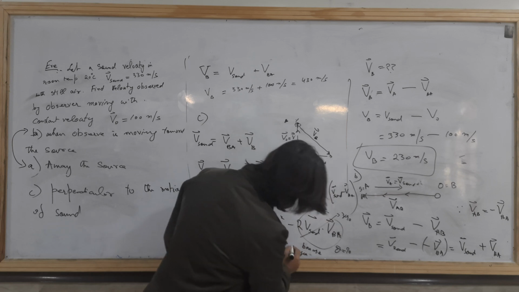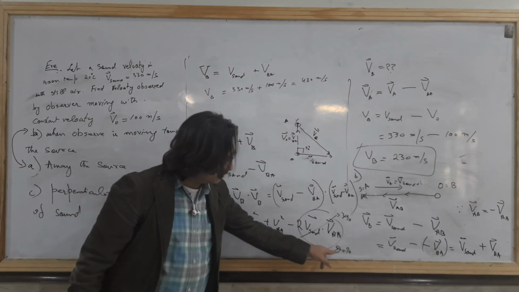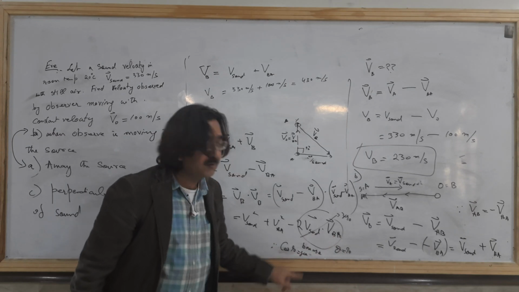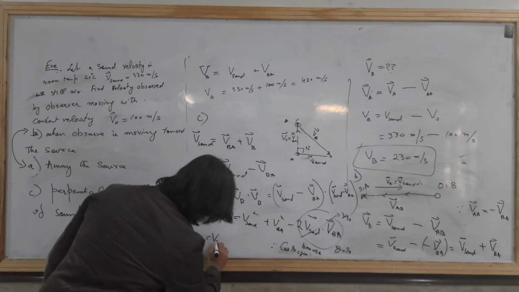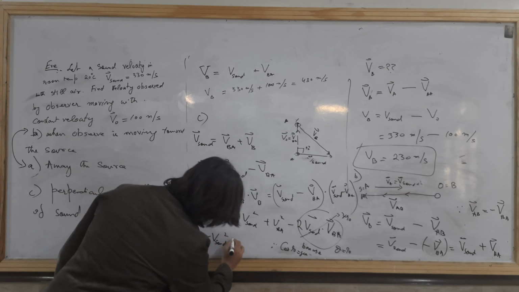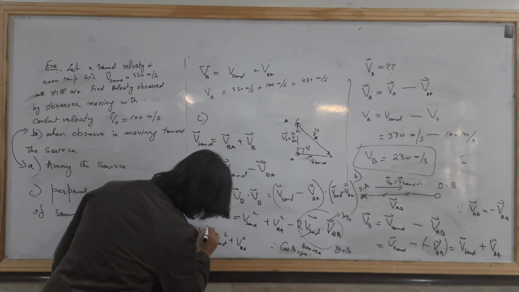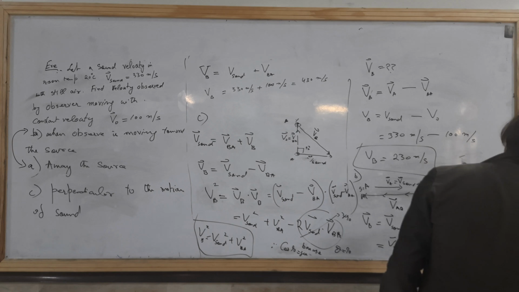You have to mention the reason, not put it directly: because theta, the angle between them, is 90, and cos 90 is 0. So when we put this value, this becomes V sound square plus VBA square. This will be VB square. So what will be VB?